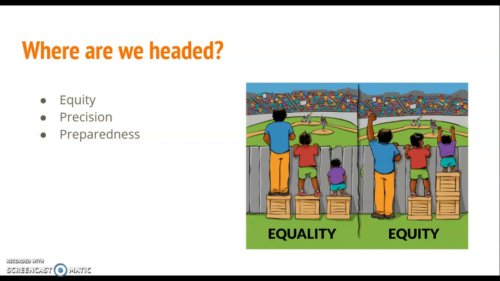And finally, we want to make sure that students are prepared, not just for standardized tests. Of course, that's an important component of education, but also for the real world. That's a much more complex system to navigate. And so we want to make sure students have authentic real world opportunities to engage in reading and writing, which is more engaging overall and also brings more meaning to the skills that they're learning.